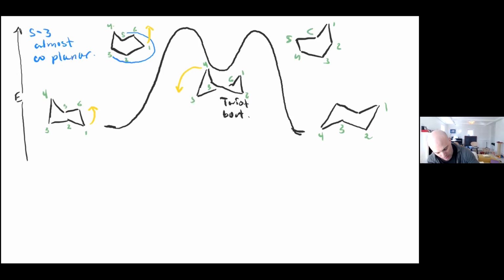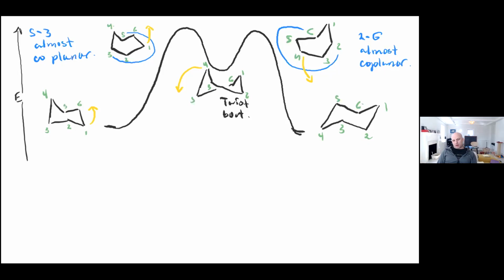Okay, and again, 2 through 6 here are almost coplanar. And then we keep pushing 4 down, and it drops below the plane of 2, 3, 5, 6. And I get to the chair conformation, okay?